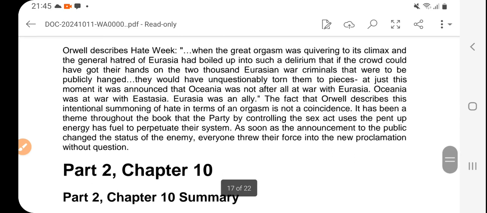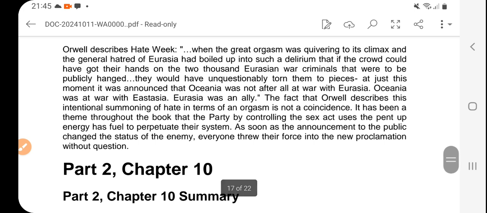Now Orwell described Hate Week, when the great orgasm was quivering to its climax, and general hatred of Eurasia had boiled up into such a delirium that if the crowd could have got their hands on the 2000 Eurasian war criminals that were to be publicly hanged, they would have unquestionably torn them to pieces.